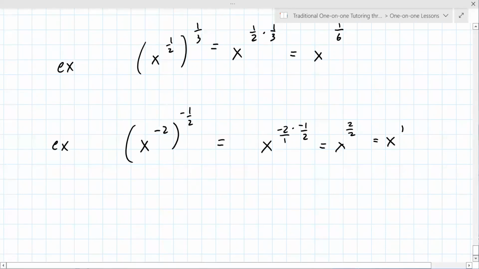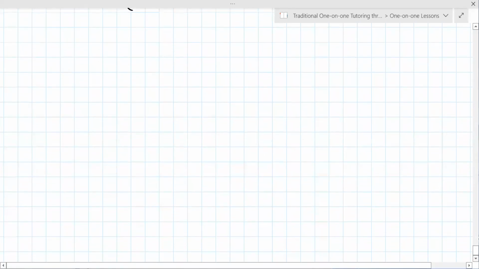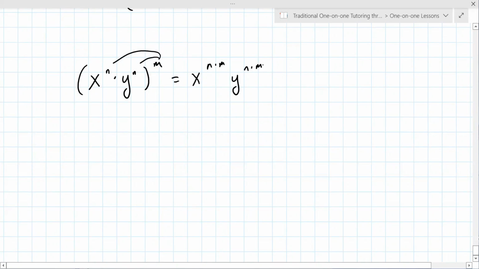So an extension to this type of problem is that let's say you have x to the n times y to the n, all to the m. You end up multiplying each of the exponents. So this is x to the n times m, y to the n times m.